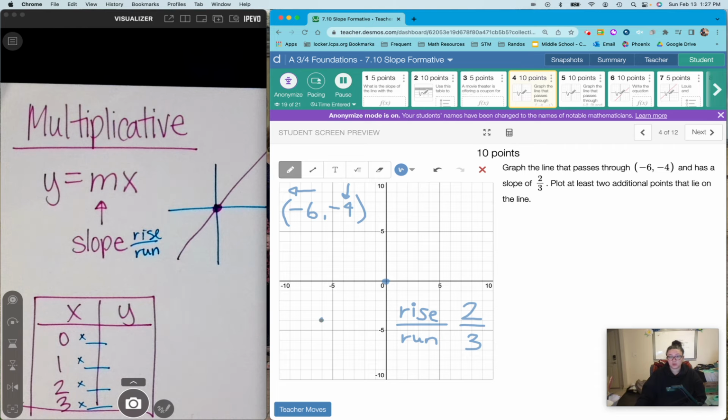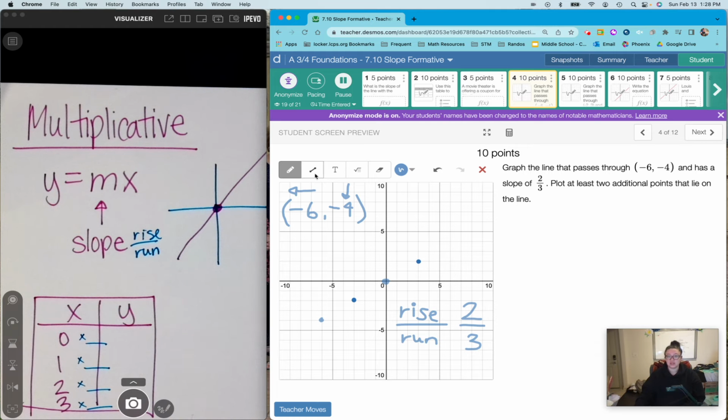That means from my point, I'm going to rise 1, 2, and then I'm going to run 1, 2, 3, and I have another point right here. I rise 1, 2, I run 1, 2, 3. There's my origin. I'm going to do one more point just to be safe. I'm going to rise 2 and run 1, 2, 3, and I have another point.